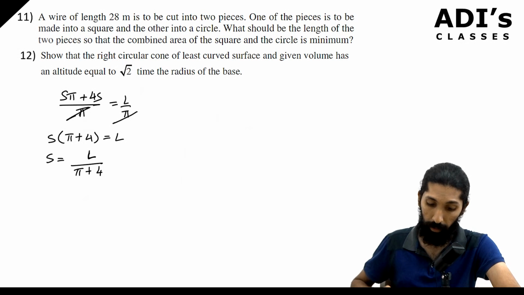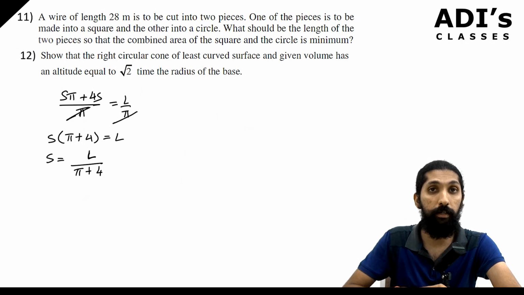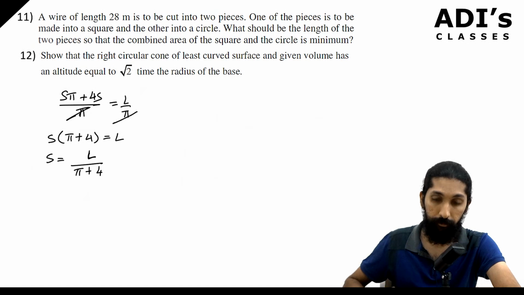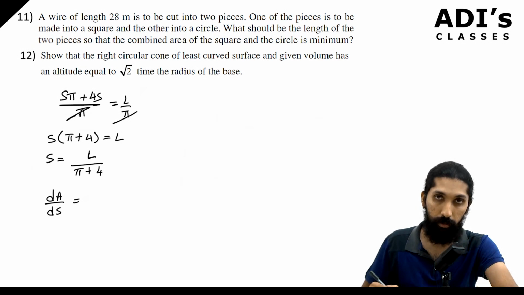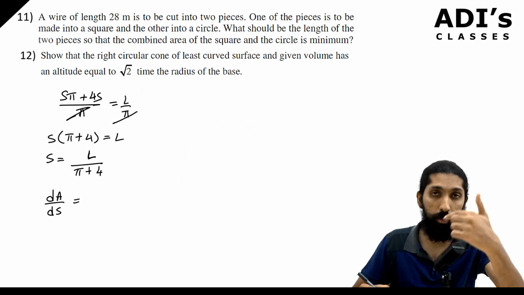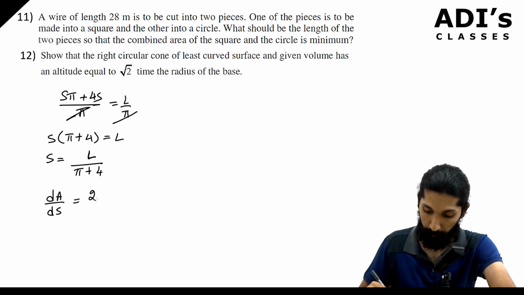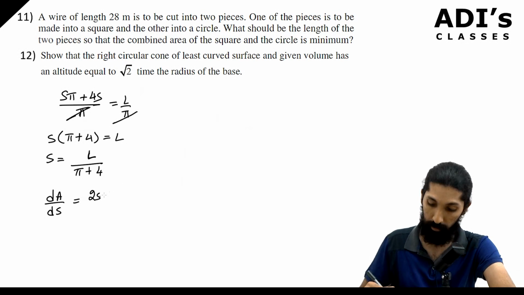Now, again, what did we do? We calculated the first derivative, correct? So what do we have? dA divided by dS. Let's take it in a normal way. We started with S square, so you have 2S, correct?